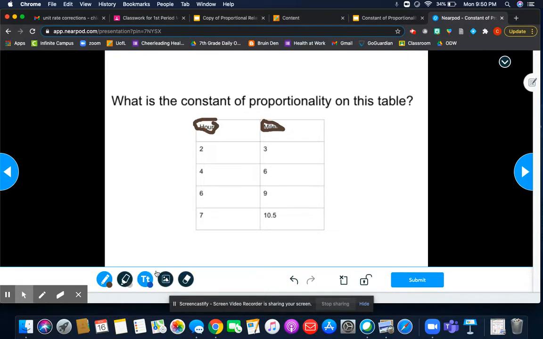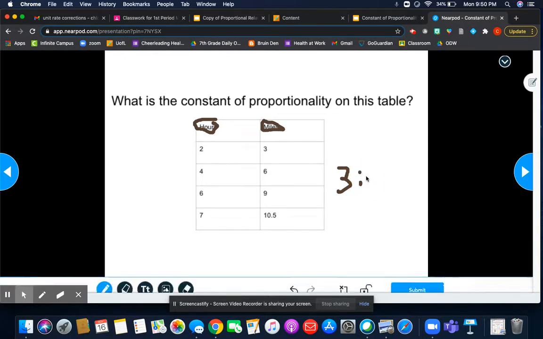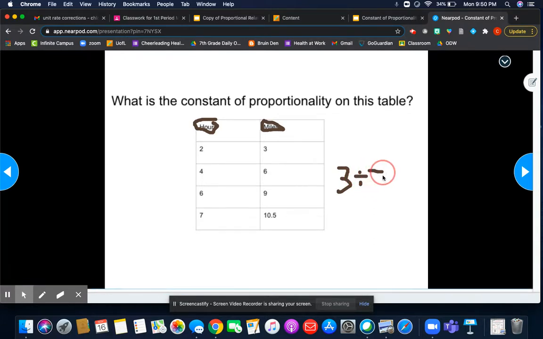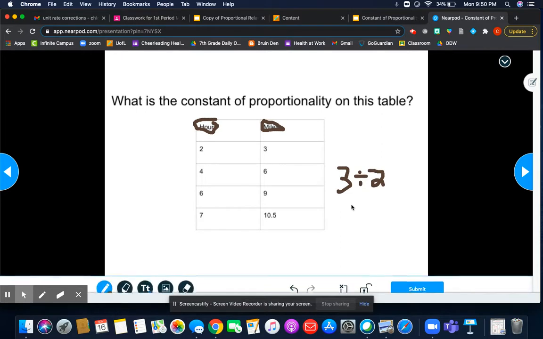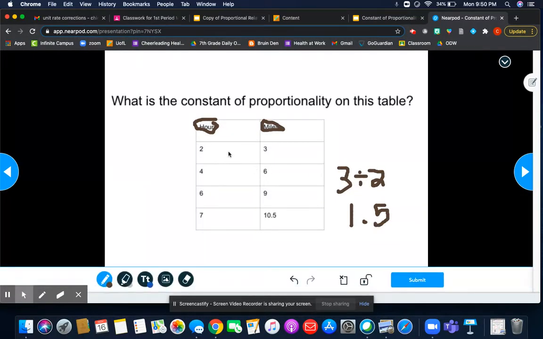So in this case, I'm going to take 3 divided by 2 to get my answer of 1.5. And if we look at our table, 2 times 1.5 is 3, 4 times 1.5 is 6, 6 times 1.5 is 9, and so on.